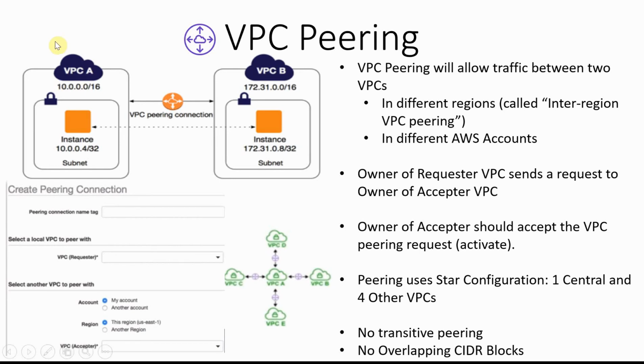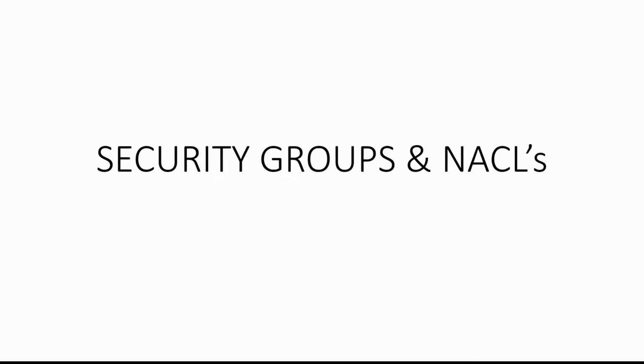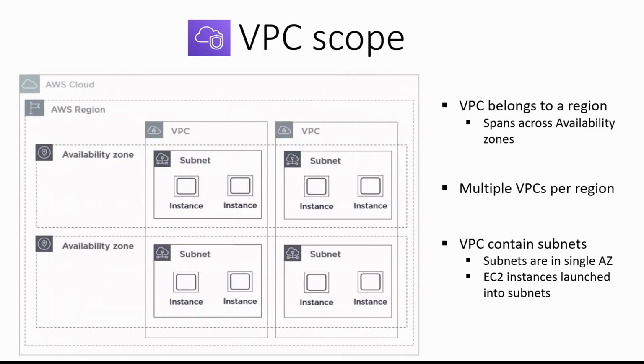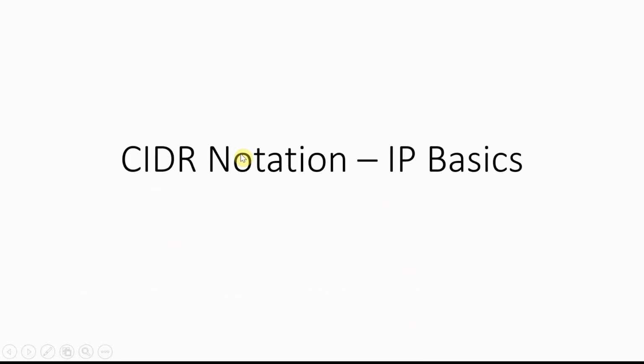Yeah, that is possible. You can have multiple EC2 instances under a subnet. It is very common. If you remember the previous slides, you can have multiple instances under this subnet range.